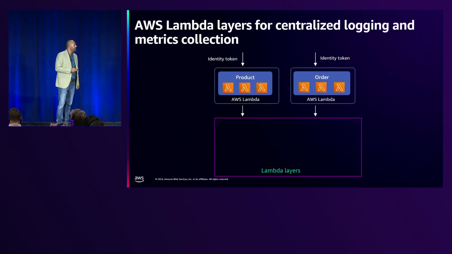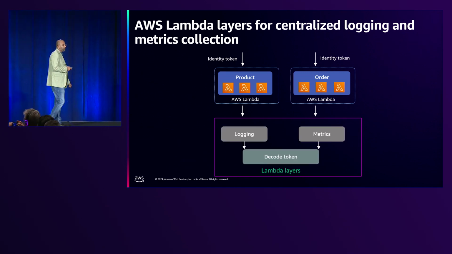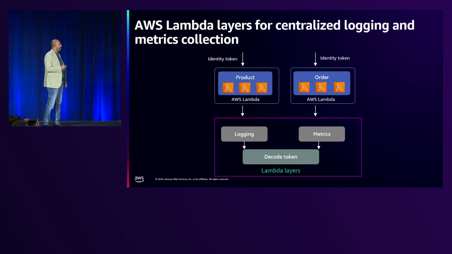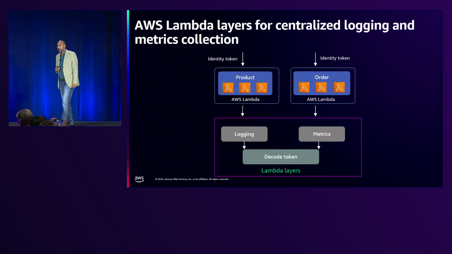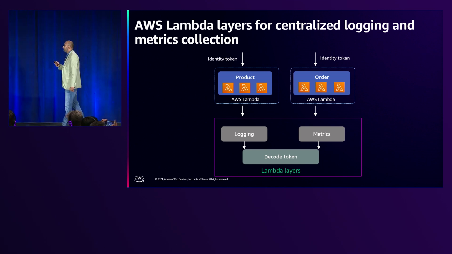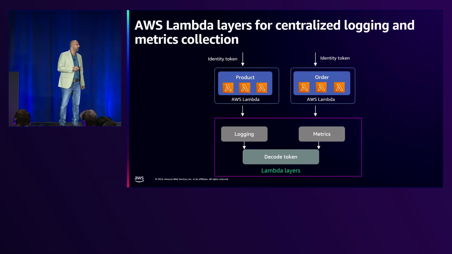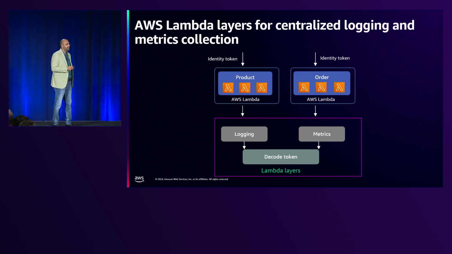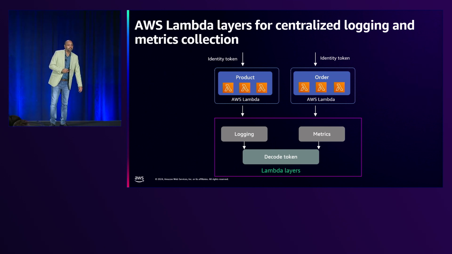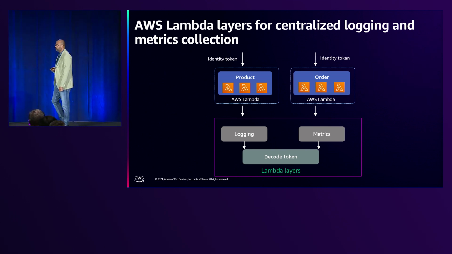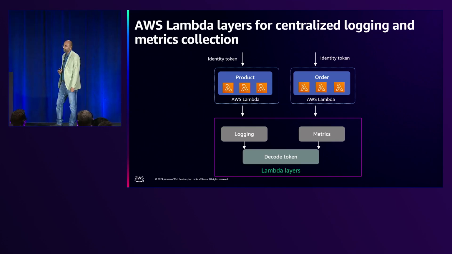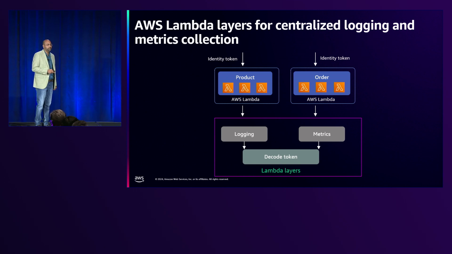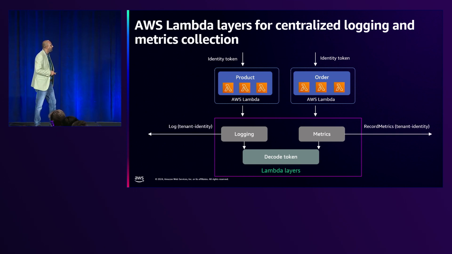Now, what we can do to identify what actions the tenants are taking, the application logging, and for those actions what are the resource consumption, we can compile using the metrics and logging Lambda layers, and these logging and metrics Lambda layers can leverage another Lambda layer which allows us to decode the token which is coming as part of each request, which contains the identity context for that particular tenant.